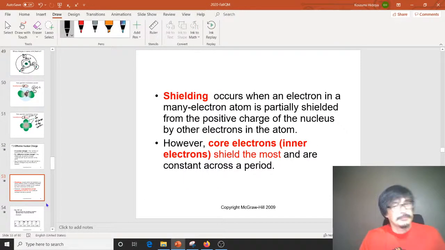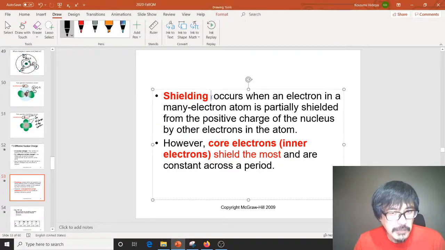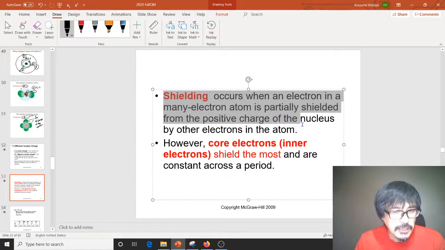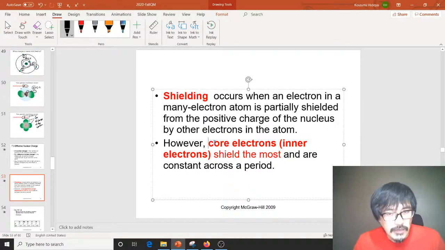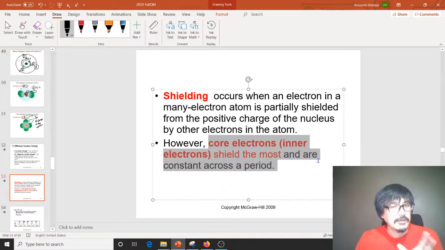And shielding is a concept that explains the Z effective. Shielding occurs when an electron in many-electron atoms is partially shielded from the positive charge of the nucleus by other electrons in the atom. It's actually the core electrons. So the core electrons shield most and are constant across the period.